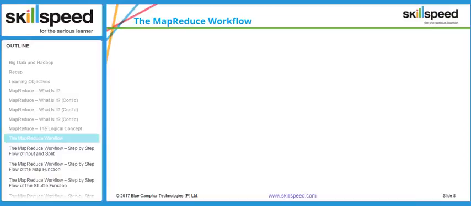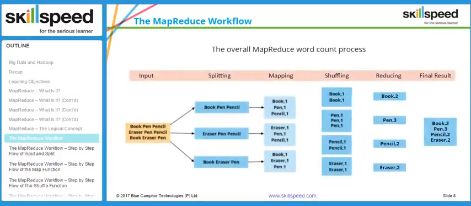Now let's try to understand this particular concept with an example. As you can see from this picture, we have an input data set which is a set of words like book, pen, pencil, eraser, etc. We would like to do something called a word count program on this.